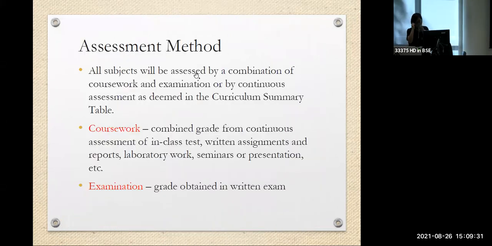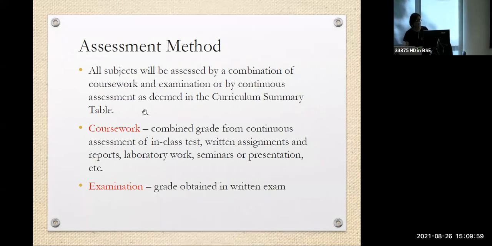Okay, assessment. All subjects will have different assessment methods. Maybe some subjects have coursework and examination, and some subjects maybe have no examination. So you really need to refer to the subject description form or the teaching scheme for that subject.